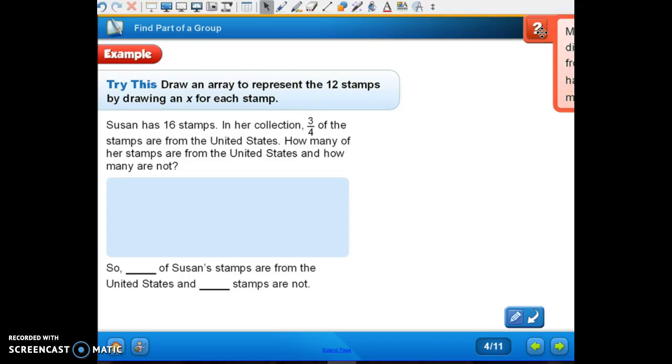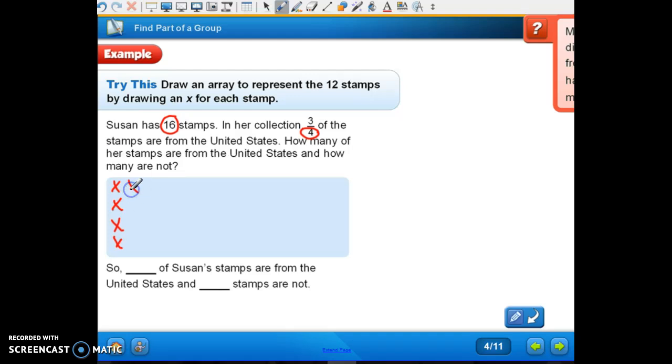So, this tells us how many stamps we need to draw, right? And this tells us what? The number of stamps. Total. Rows. Rows or groups. In this case, in an array, a row would be a group. So we're going to have 4 rows of stamps. 1, 2, 3, 4. And how many stamps do we need all together? 18. Not 18, but 16.